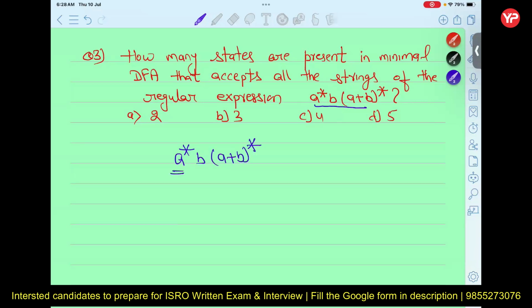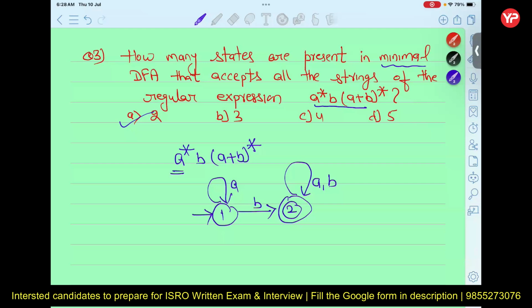So A star, that means this is my starting state. Then B, it's fine. And then anything, that is A, comma B. So it requires two states. Very simple answer. Sometimes students mark it as 3, but the correct answer is 2 because it asks about the minimal states.